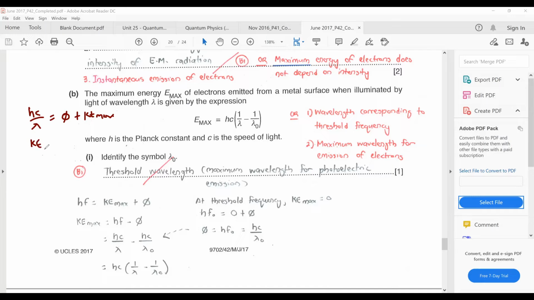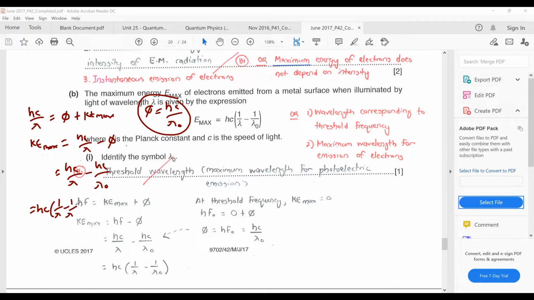So KE max is hc over lambda minus phi. But phi in itself, I told you, can be hc over lambda naught, isn't it? So you get hc over lambda minus hc over lambda naught. You will get hc times (1 over lambda minus 1 over lambda naught). That's how you got this expression here.